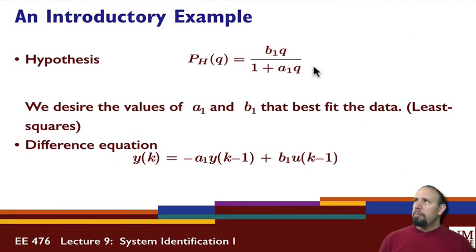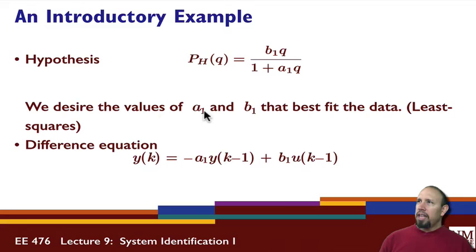We're going to start with this hypothesis. I'm going to assume a first order system that is strictly proper. Strictly proper in this case means the denominator evaluated at q equals 0 is 1, and the numerator evaluated at q equals 0 is 0. So this is a first order strictly proper transfer function.